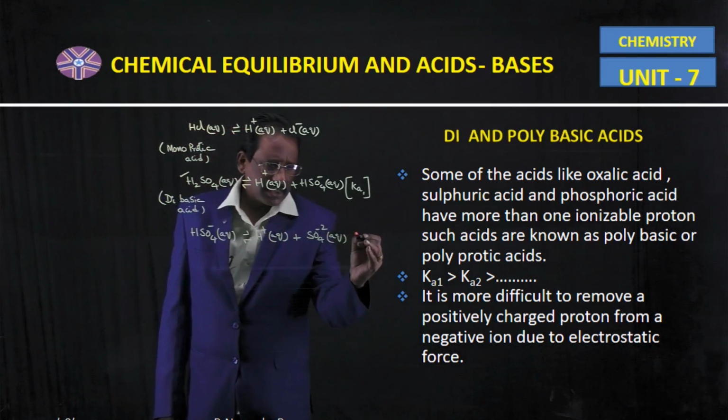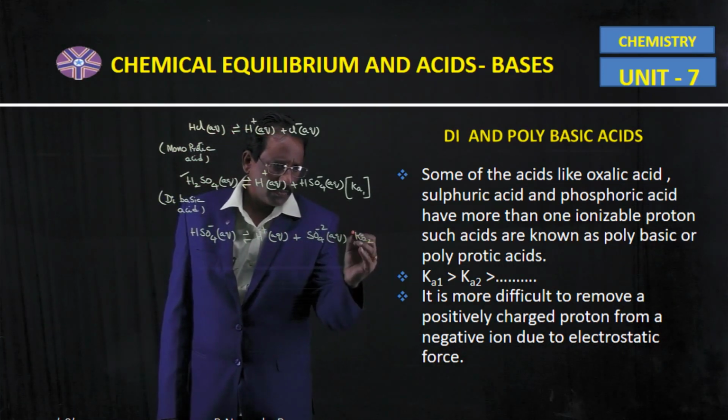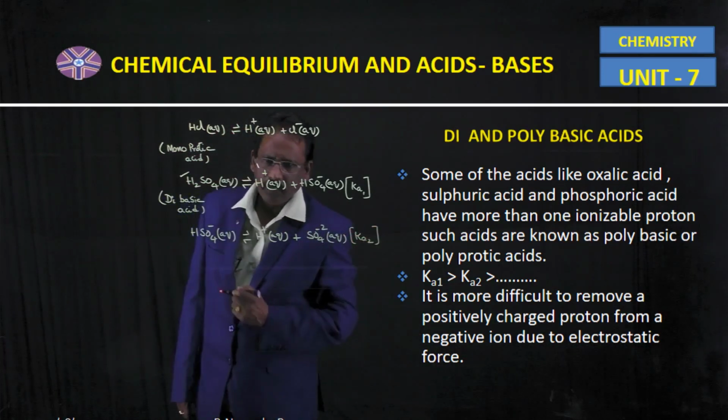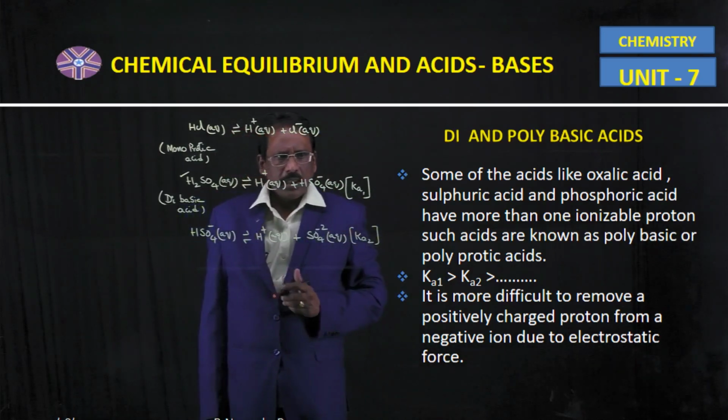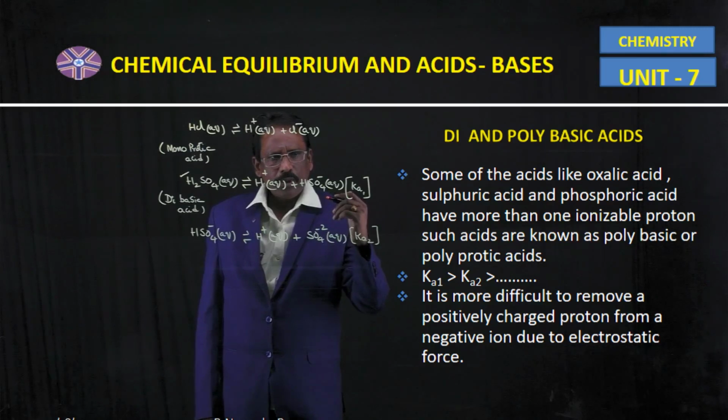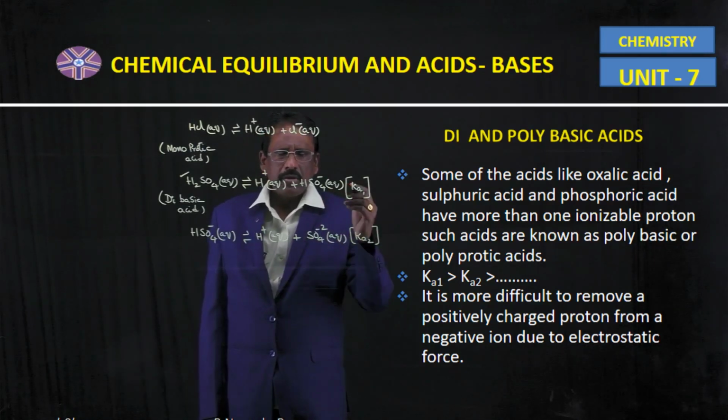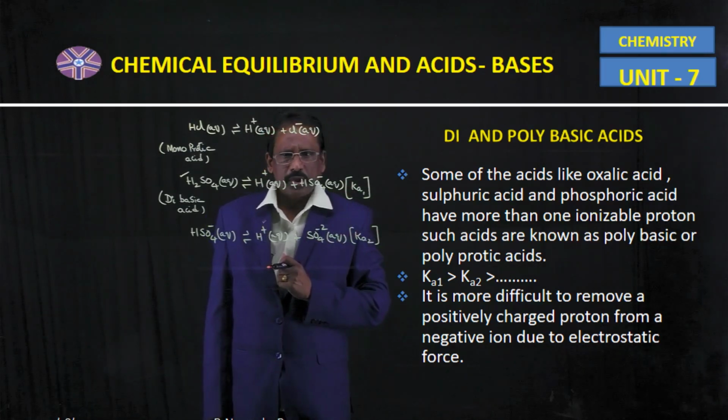So this is Ka2. So diprotic acid exhibits 2 different dissociation constant values.